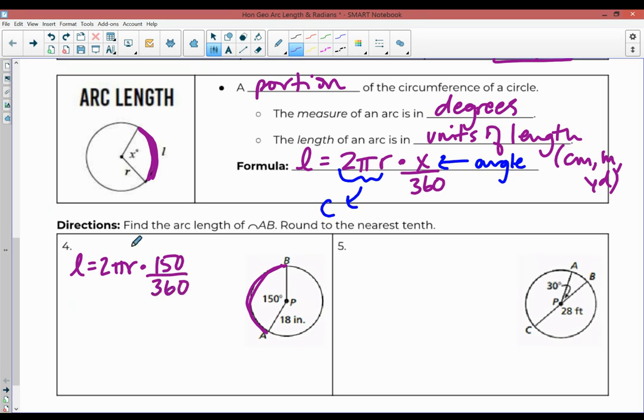Oh, I should have put in the radius. So that's the radius, and that's the degree. So 2 pi times 18 times 150 over 360. You put it in your calculator just like that, especially if you're using a TI-84 or better, or Desmos.